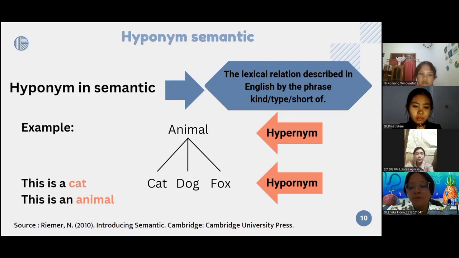So cat, dog, and fox are kinds of animal. That's called hyponymy in semantics. When we say this is a cat or this is an animal, it's also true because a cat is a kind of animal. So let's see the next slide, please.